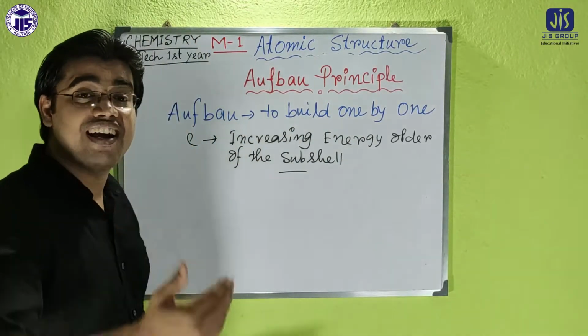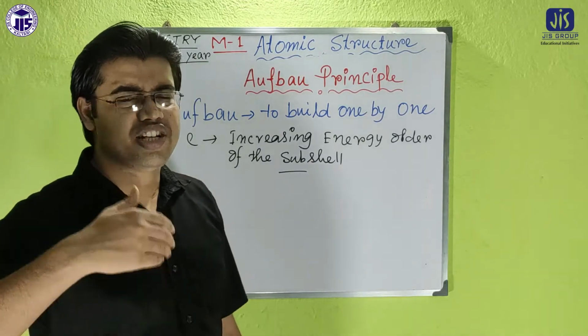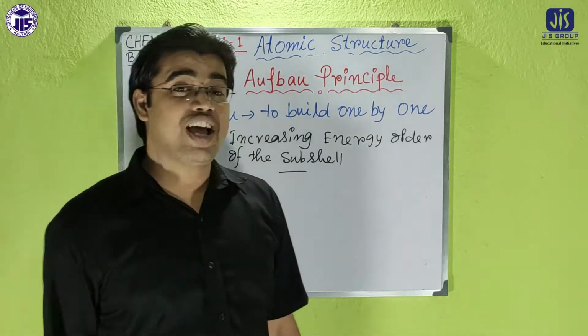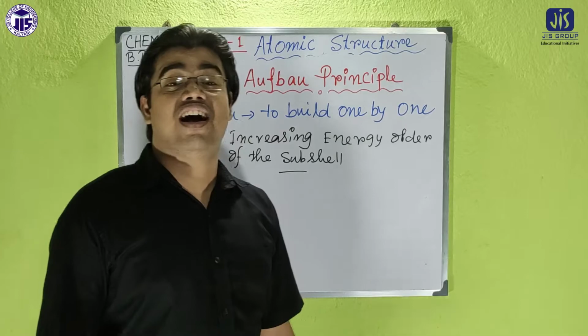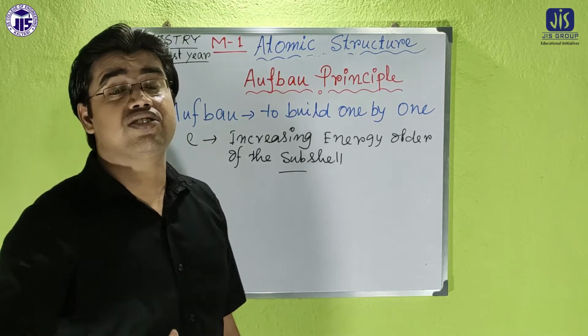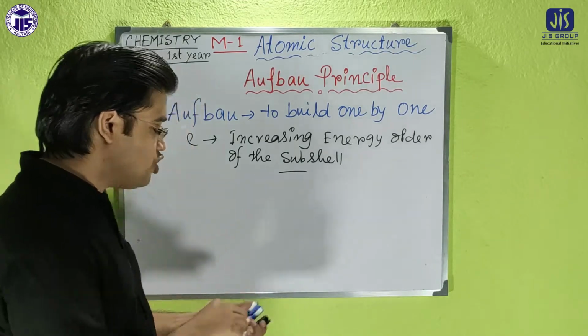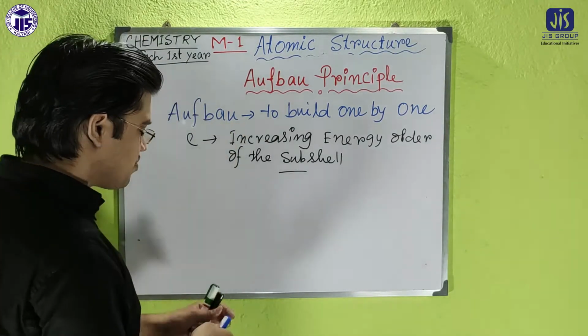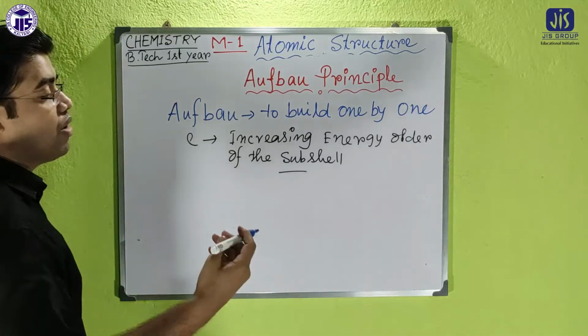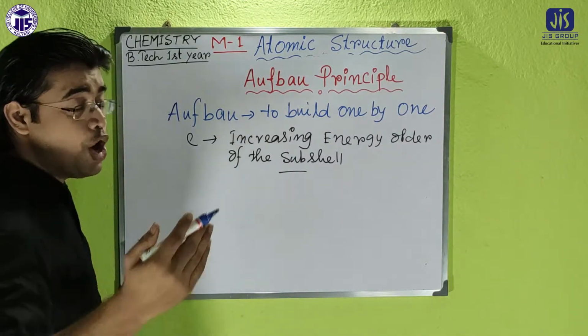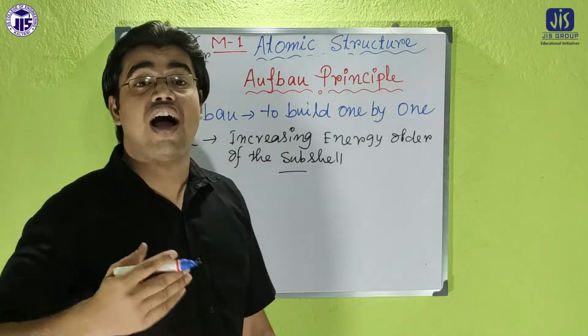Now how can we understand which subshell has higher energy than the other? For that purpose, the Aufbau principle gave one formula by which we can understand which subshell has higher energy.